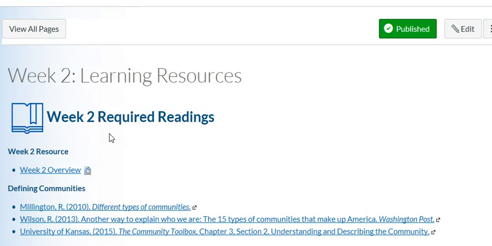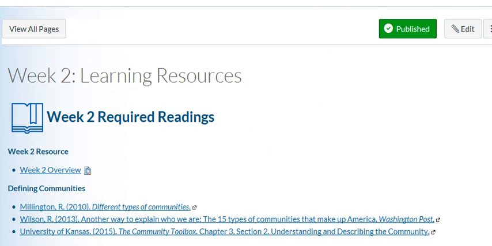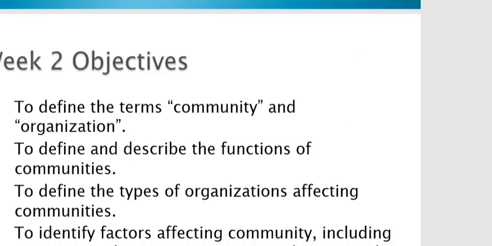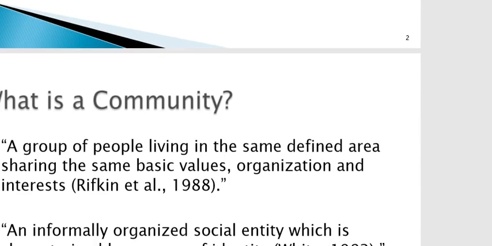So in terms of learning resources, there are a number of readings for the week, but first I would refer you to the week 2 overview. That overview is a PowerPoint, and so you can go through the PowerPoint, but we've already gone over the objectives.